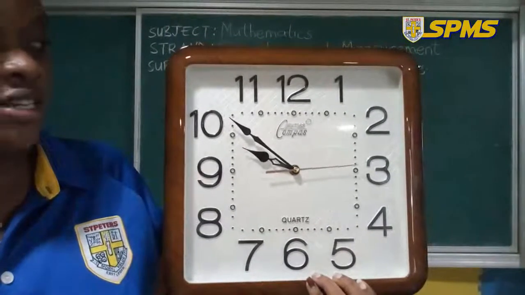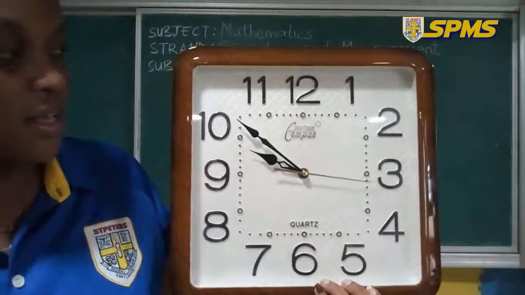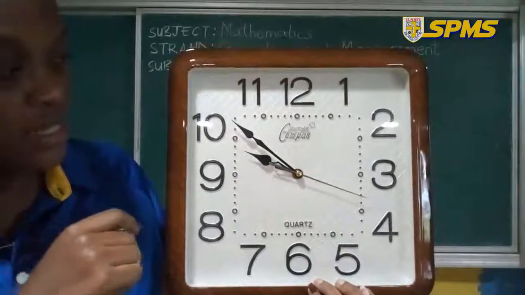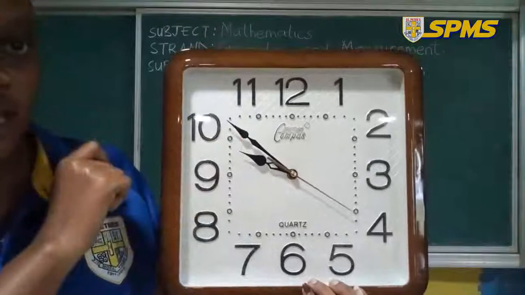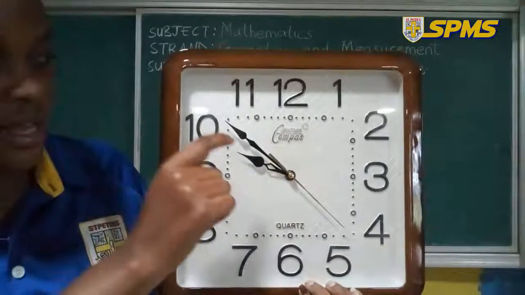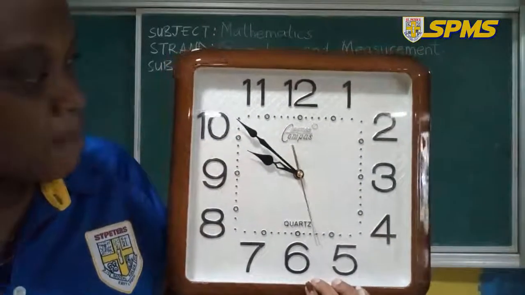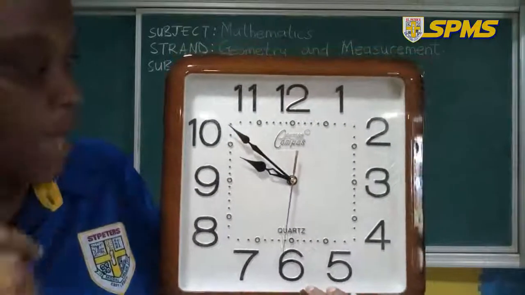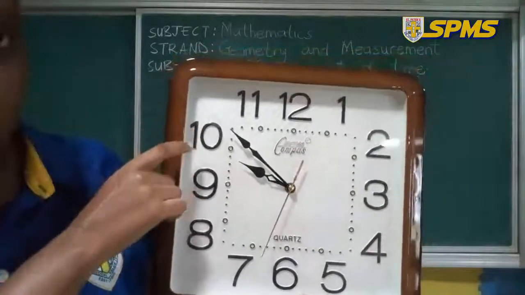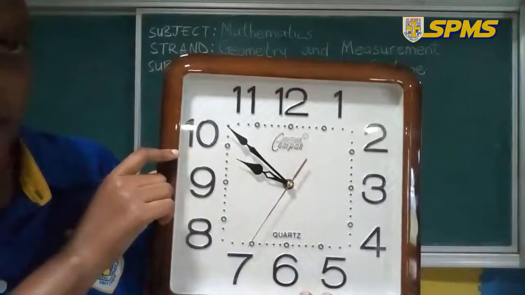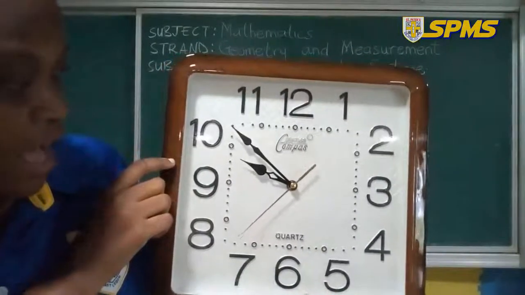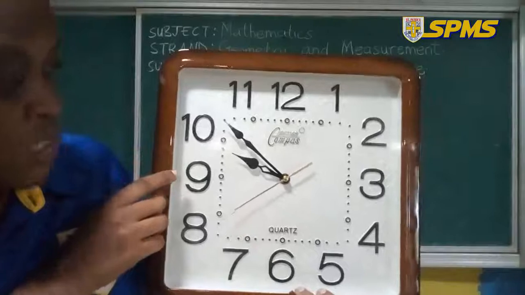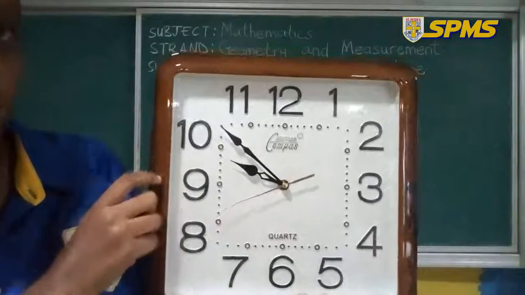Pay attention to the hands. Where can we locate the minute hand, and where is the hour hand? The minute hand is some minutes past the number 10, and then the hour hand is in between 9 and 10.